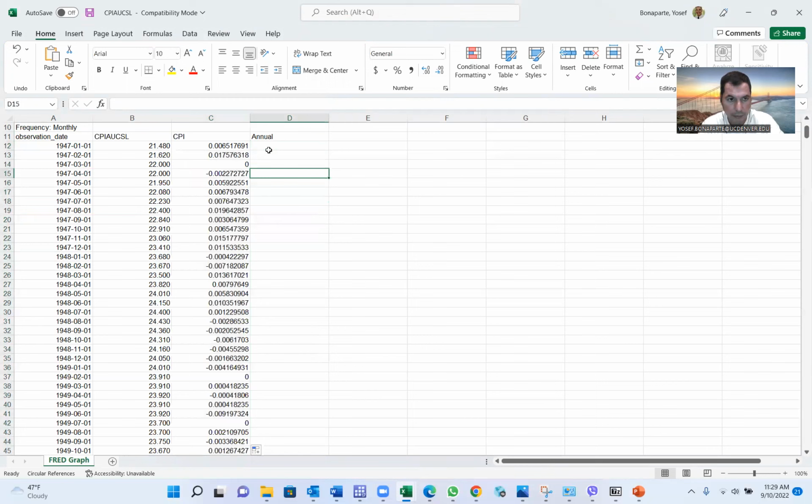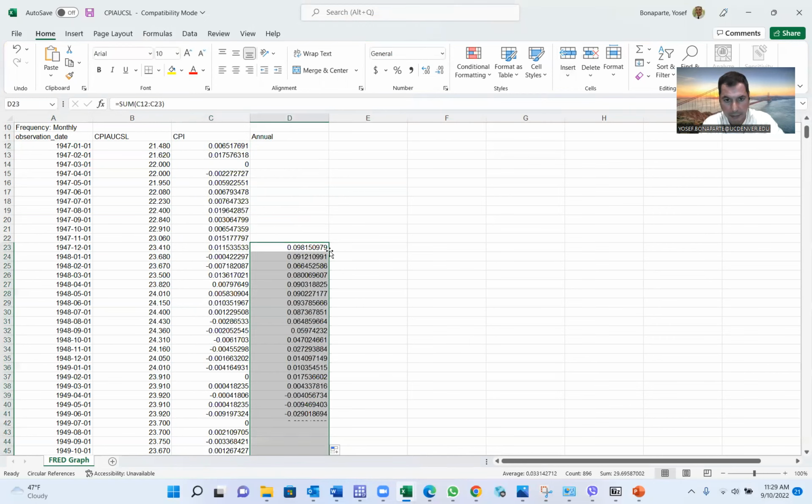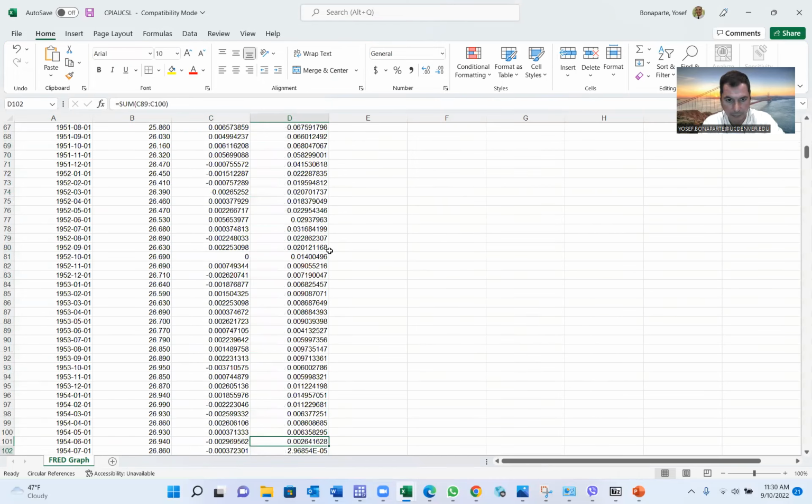If you are in January 1972, then in December it will be the sum of 12 months: 1, 2, 3, 4, 5, 6, 7, 8, 9, 10, 11, 12. So the sum of those is the inflation of that month. That's annual inflation, and we care about annual.